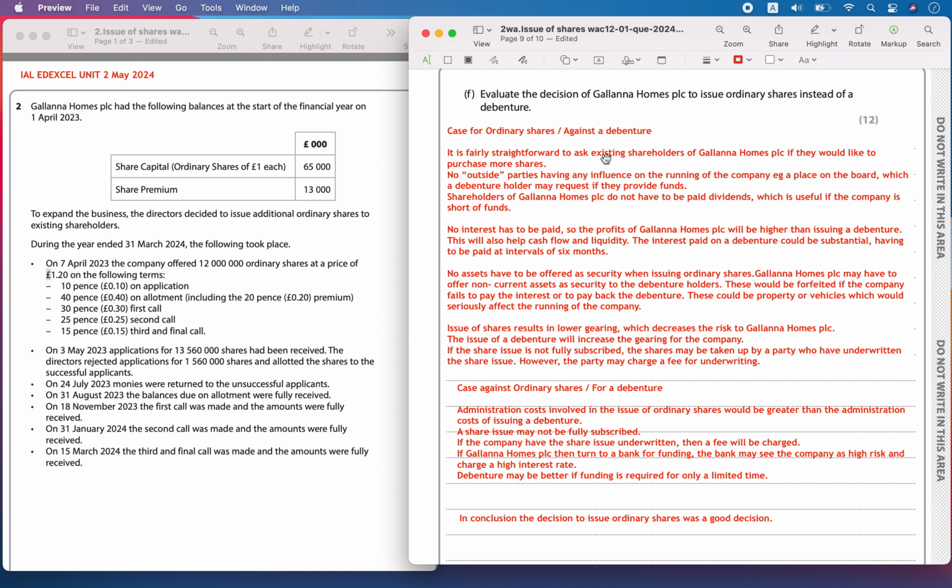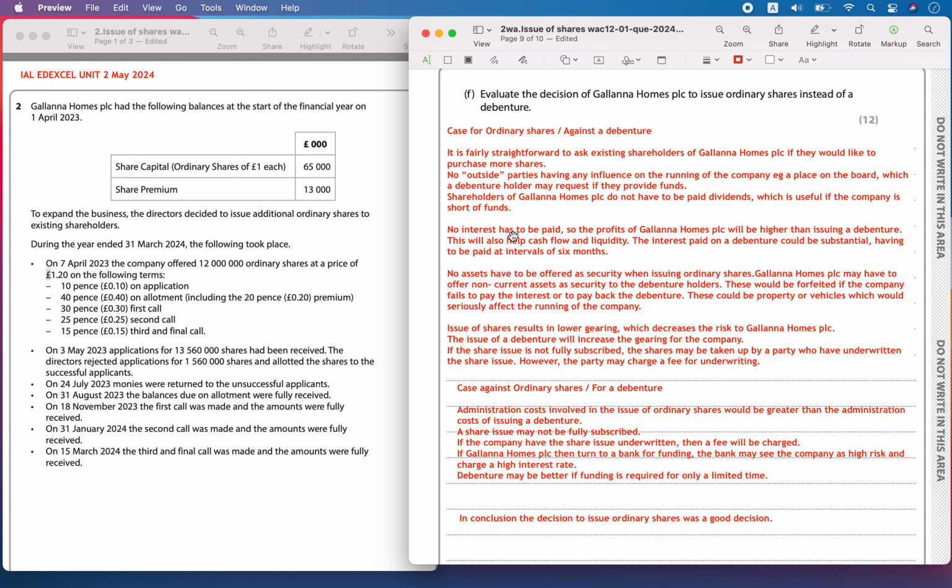The first point is they will not have any influence on the board, on the decision making process. Second, you don't have to pay any dividends if your profits are less, or even if you want to use the profits for some other purpose, if you are issuing ordinary shares.